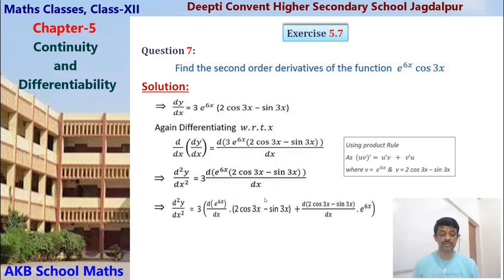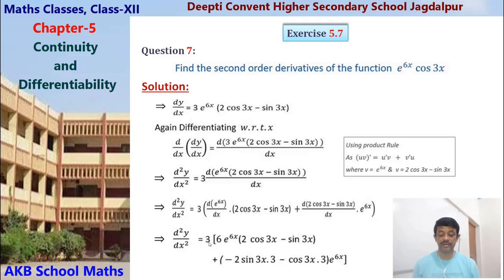Also use this formula, u'v plus v'u, where u means e to the power 6x and v means 2 cos 3x minus sin 3x. Clear? So using this formula, 3 outside, and u' means d by dx of e to the power 6x, second function as it is, plus d by dx of the second function, first function e to the power 6x.